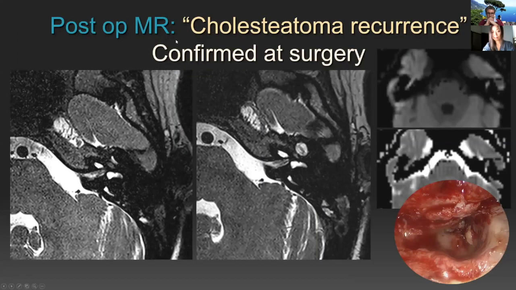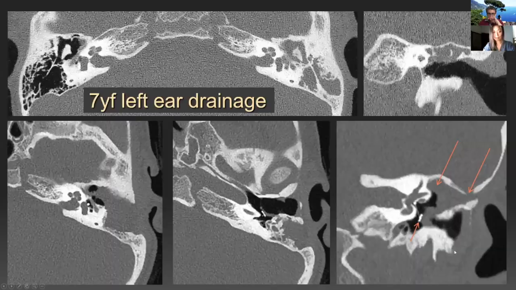So when it comes to postoperative follow-up, we perform oftentimes a combination of CT and MR. And this patient underwent MR, which showed a rounded lesion on T2 space, which had decreased diffusivity on non-EPI resolved diffusion-weighted images. So we suggested recurrent cholesteatoma, and for this first case, the finding was confirmed at surgery, recurrent cholesteatoma.